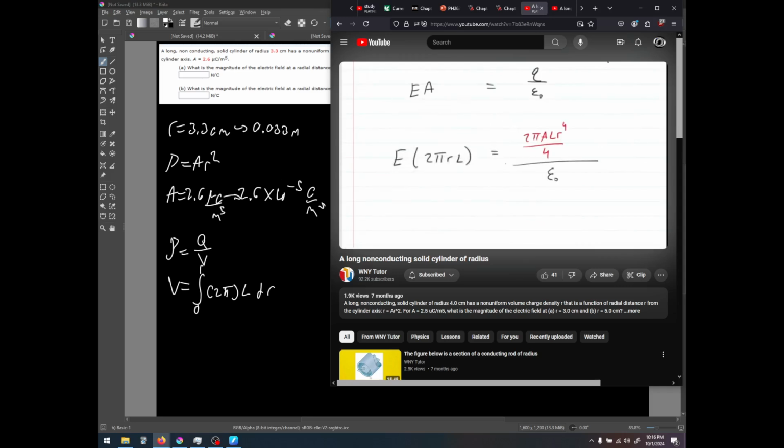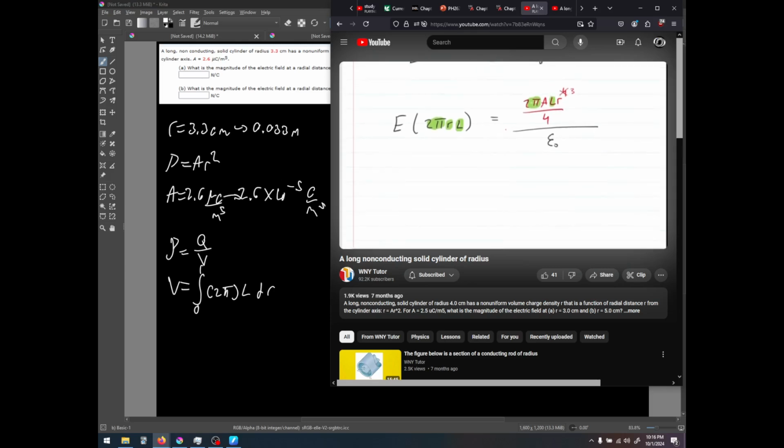Okay, now the fun part is that we get to cancel some terms here. Let's be careful. We've got a 2 pi on each side, so those are going to cancel. We've got an L on each side, so those are going to cancel. And then we have an r on one side and r cubed on the other, so we're going to be able to cancel one factor of r. If we simplify by canceling, the electric field E is going to equal 2 A r cubed over 4, all over epsilon naught.